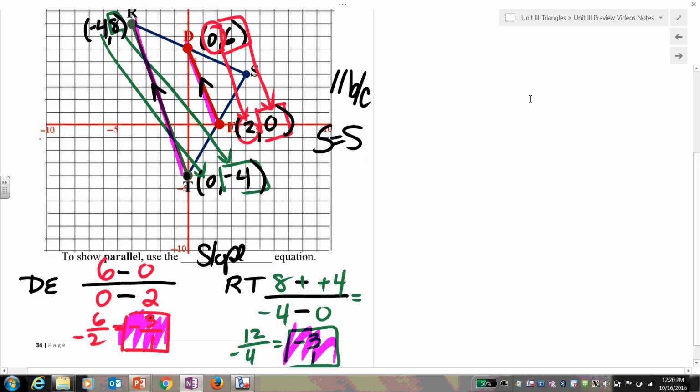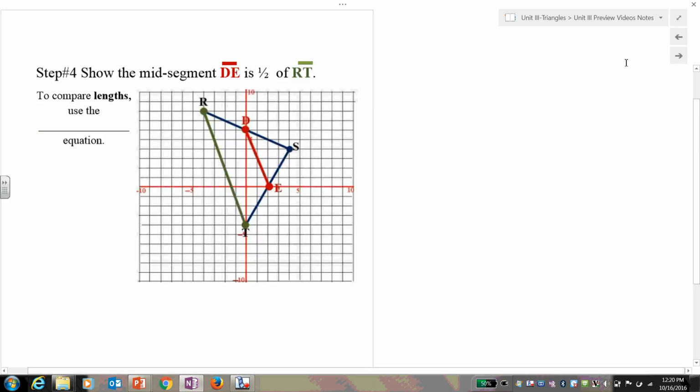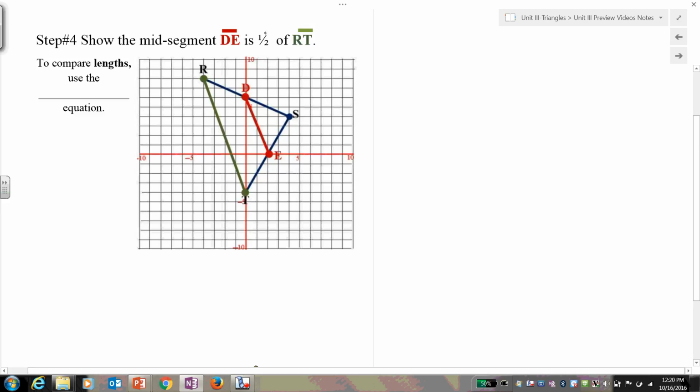Okay, the second quality: not only is the midsegment parallel, it's also supposed to be half of the length. So to compare lengths, we're going to do the distance equation. Let's bring our numbers over again. D is sitting at 0, 6.